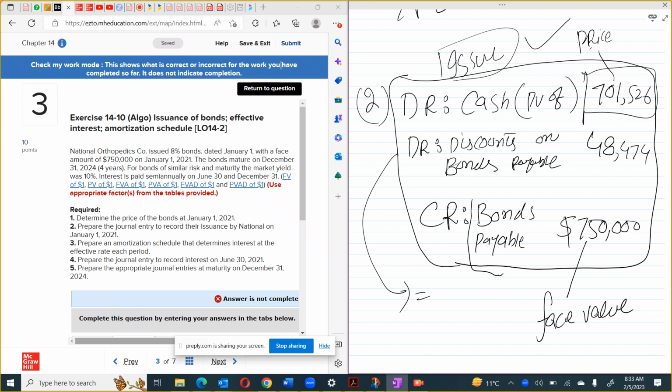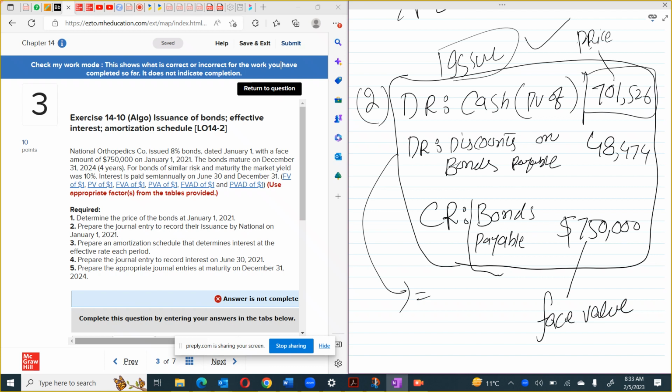Remember, we credited bonds payable at the start, but we are now debiting. Why? Because the liability is reduced now. We have paid 750,000. So I will credit cash, because I have paid 750,000.